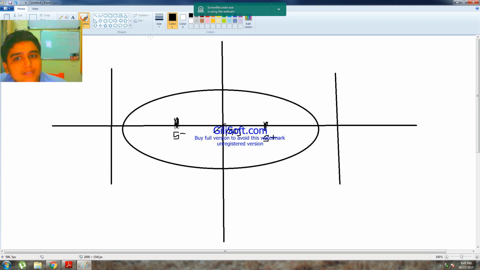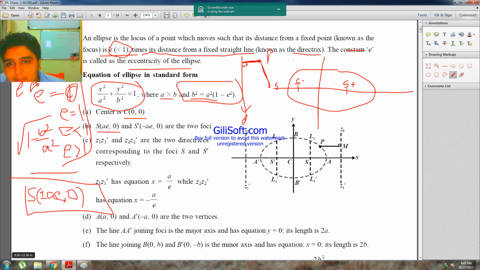Okay, so these are clear now. Let's move ahead. Now what does it say after this? Z1, Z1 dash. Where is your Z1, Z1 dash? Over here, yeah, this thing. Z1, Z1 dash, and Z2, Z2 dash. These are the two directrices corresponding to the foci S and S dash.